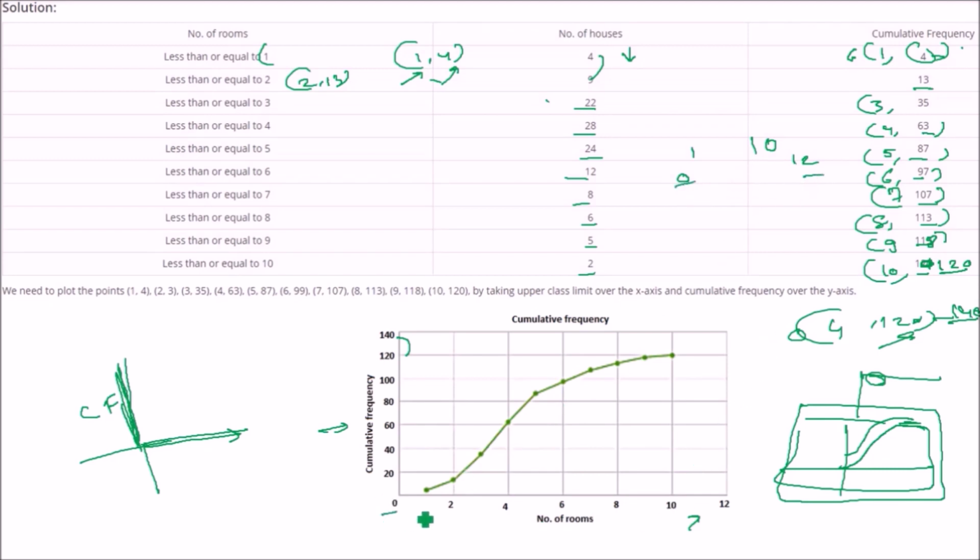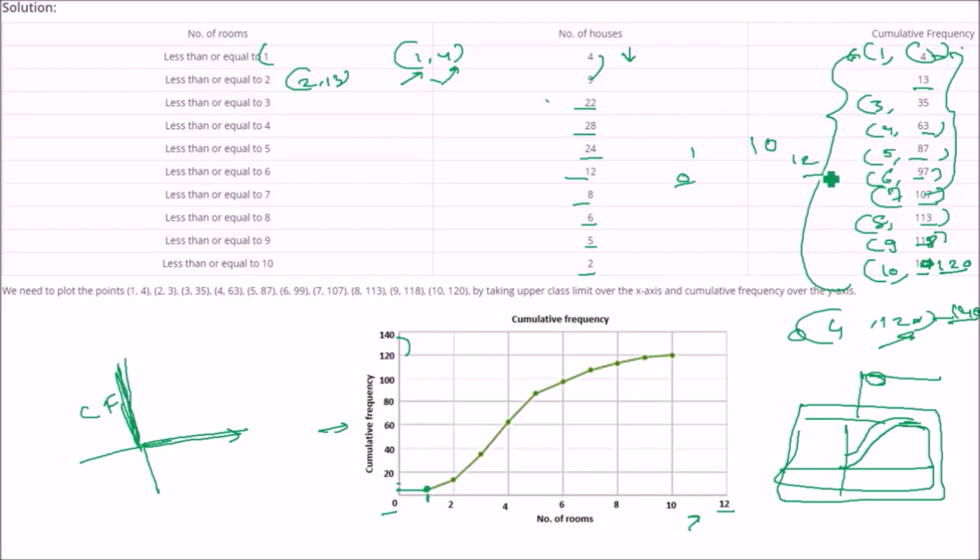This is how we make the graph. From 0 to 12 we have taken the x-axis, and for the y-axis 0 to 140. First is 1 and 4. So 1 is here, and 4 will be somewhere here. This is our first point.